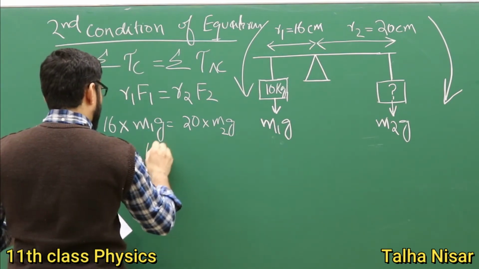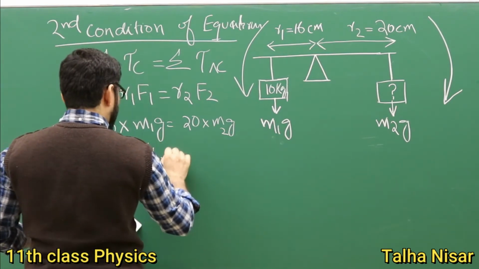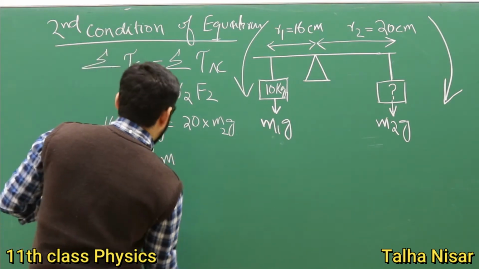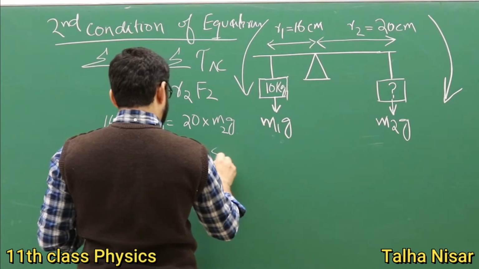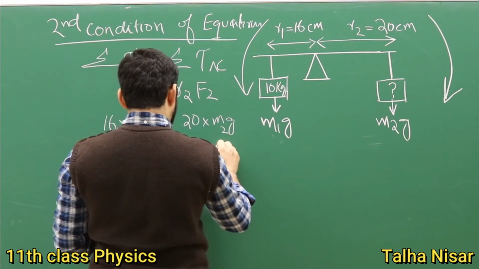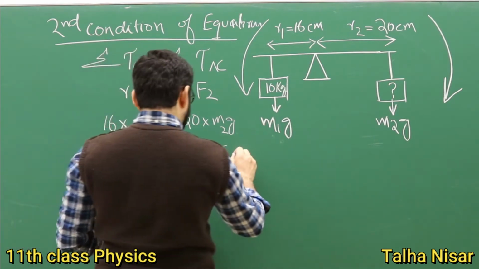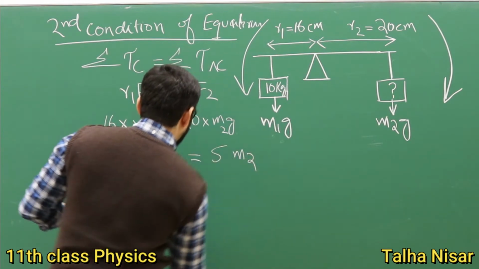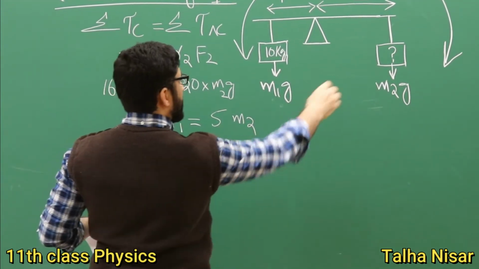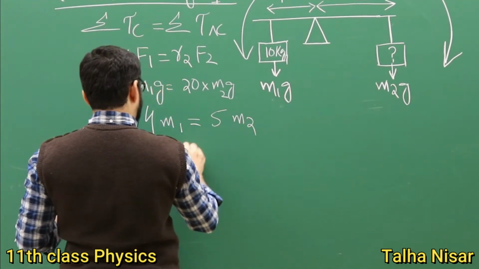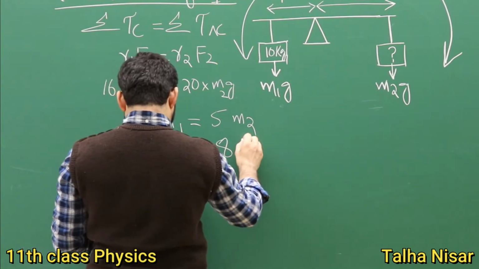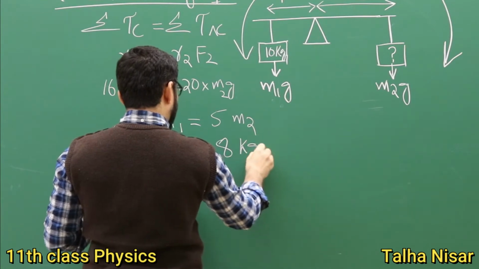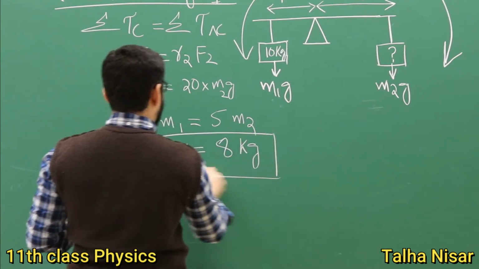So we have 4 m1g equals, m1 equals 5 m2. We are interested in m2, so m2 equals 8 kilograms.